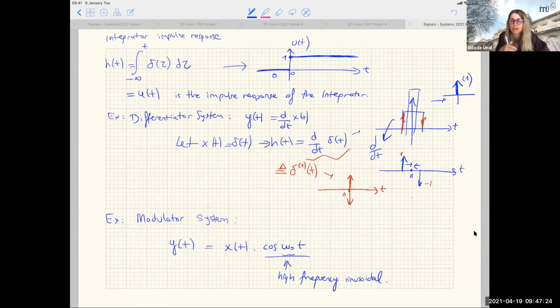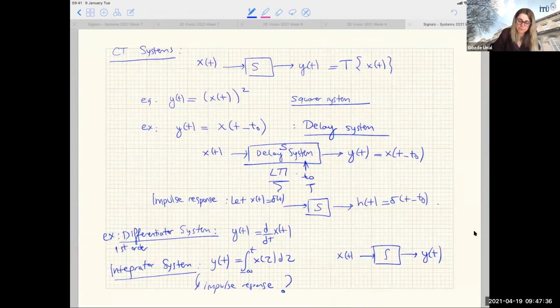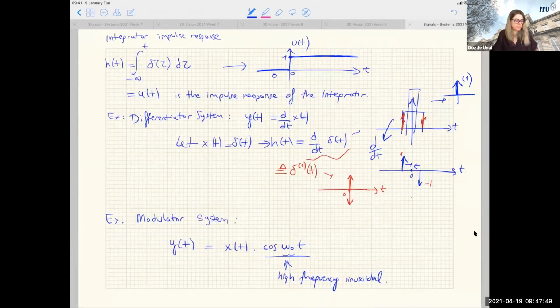These few weeks, we are doing time domain representation. I think that's fine for some continuous time system examples. These were some continuous time system examples.